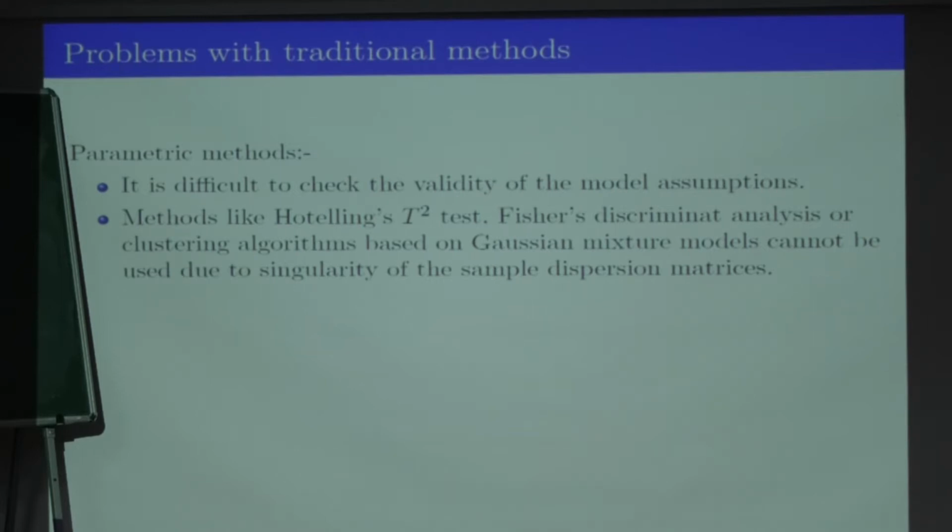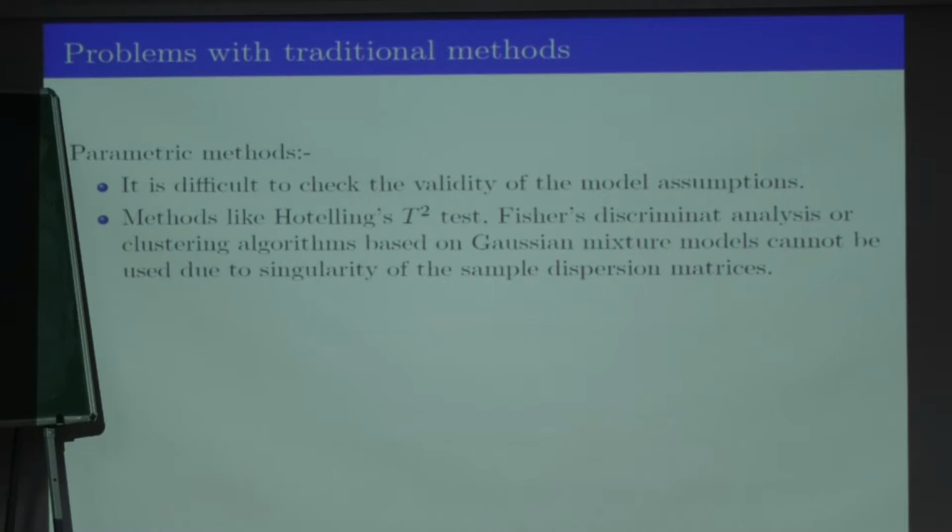In order to use it reasonably, you have to have reasonable samples in each of the cells. But if you have too many variables, then the number of cells grows exponentially and most of the cells will be empty. So it is difficult to check the validity of the model assumption.